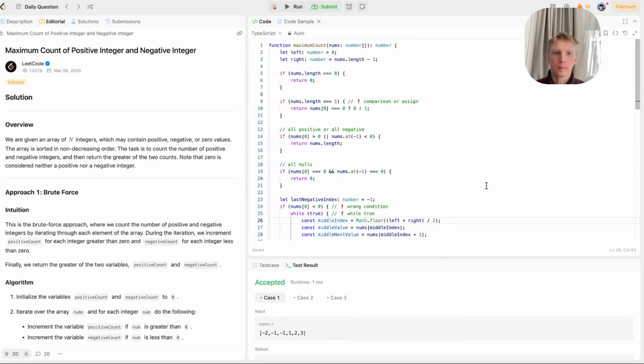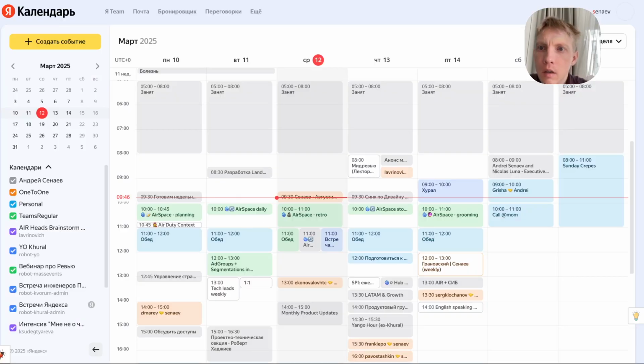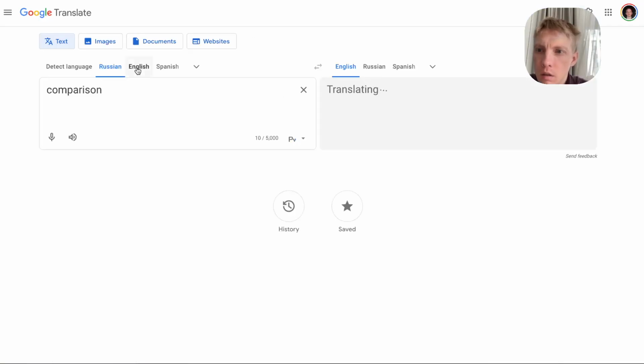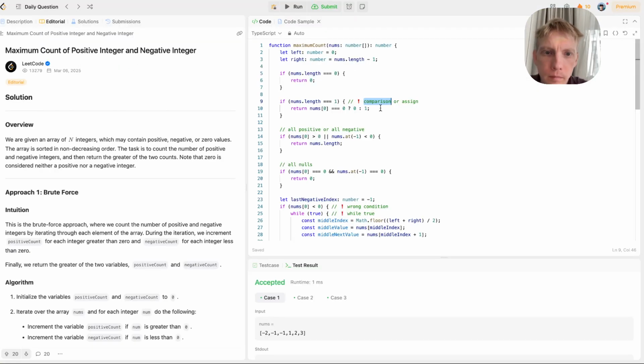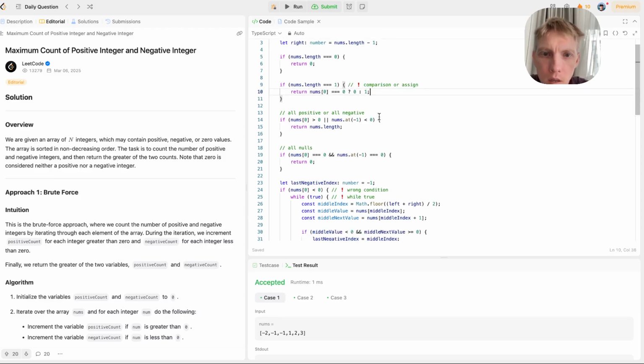Let's look at my mistakes, just to remember and not to make them next time. Here I used an assignment operator instead of a comparison operator, which is a mistake.